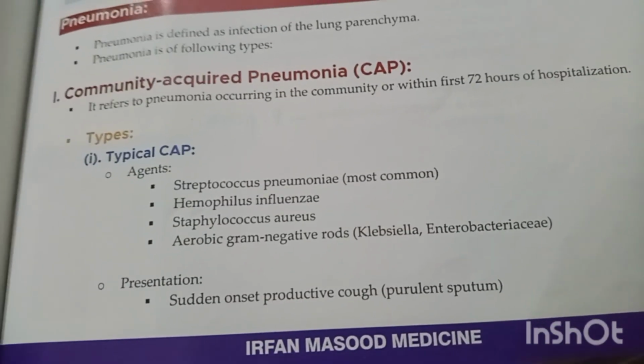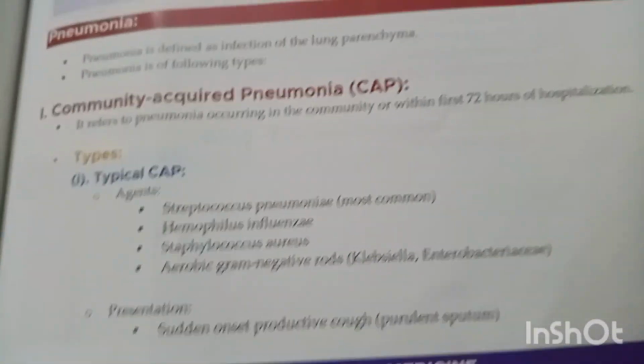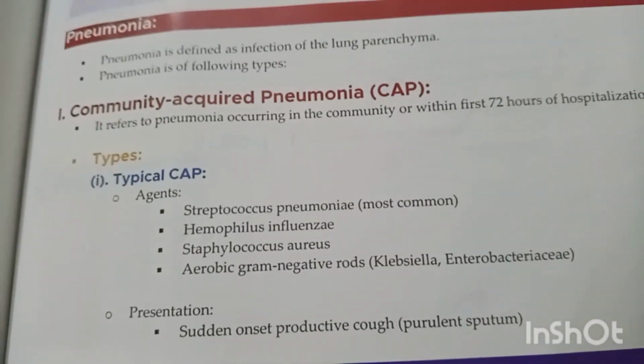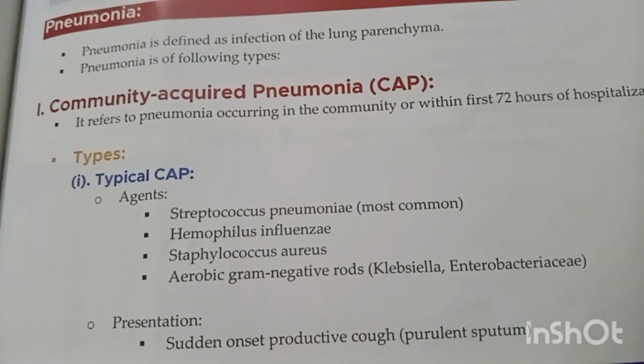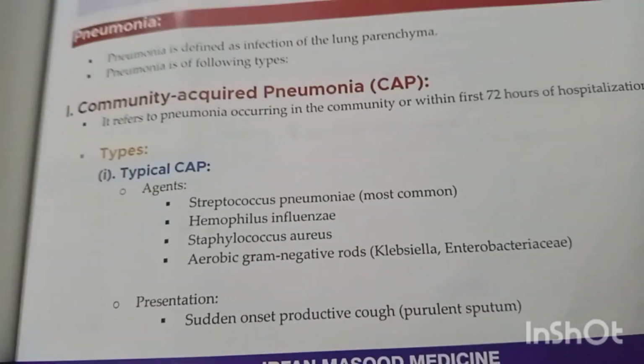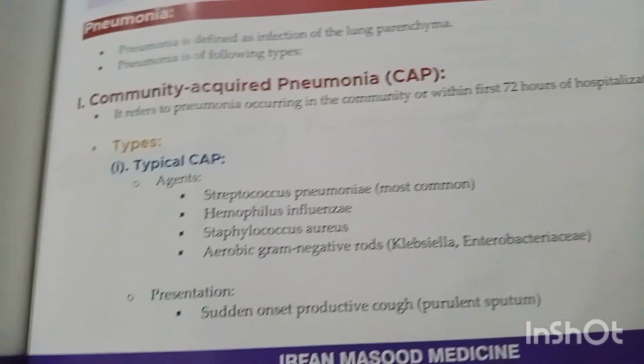As you know, Pneumocystis jirovecii is more common in AIDS patients, but it shows symptoms of a dry, non-productive cough, not a mucopurulent cough. And it also causes interstitial lung disease.